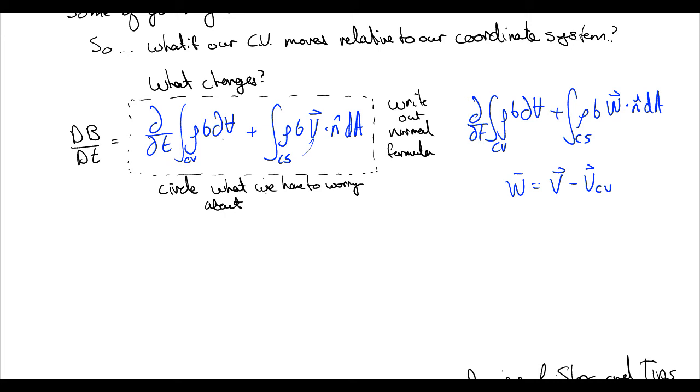V doesn't change because v is relative to our control volume, right? V is always relative to our control volume surface. It has to be in order to help us calculate the mass rate crossing the control volume surface.